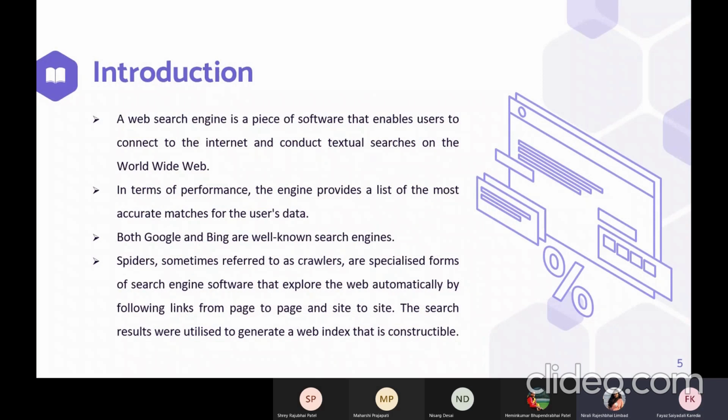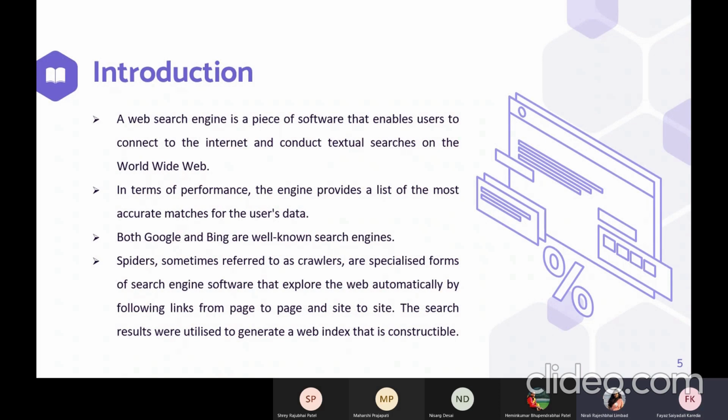So, a web search engine is a piece of software that enables users to connect to the internet and conduct textual searches on the web. In terms of performance, the engine provides a list of the most accurate matches for the user's data. Both Google and Bing are well-known search engines.